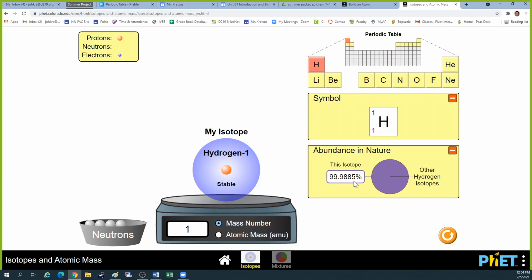So if we take hydrogen 1, which is the one with just 1 proton and no neutron, almost all the hydrogen in the world that we test is this type. When I add a neutron to it, you'll notice that I get something called deuterium, or hydrogen 2, and it's a very, very tiny fraction of naturally occurring hydrogen.